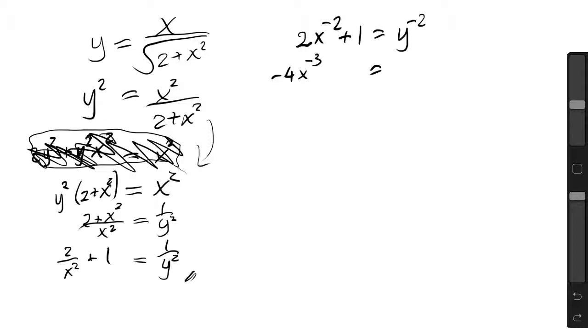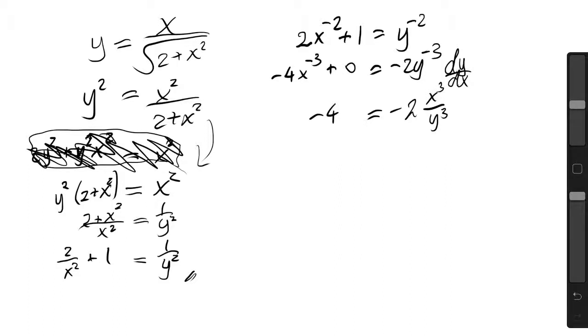The 1 we just differentiate to 0, and for y, we have minus 2 y to the minus 3 dy by dx, and now we have this equates to minus 4 over x cubed is minus 2 over y cubed dy by dx, and if we rearrange for dy by dx, we have dy by dx is minus 4 on minus 2, which is just plus 2, then y cubed on top, x cubed on the bottom.